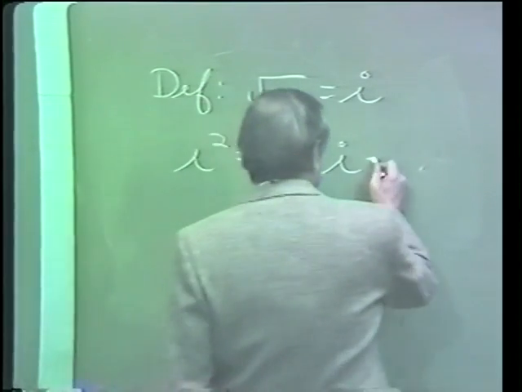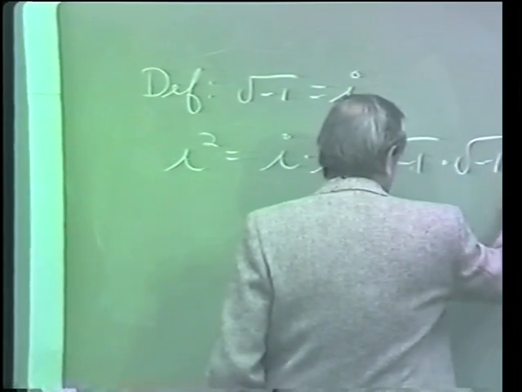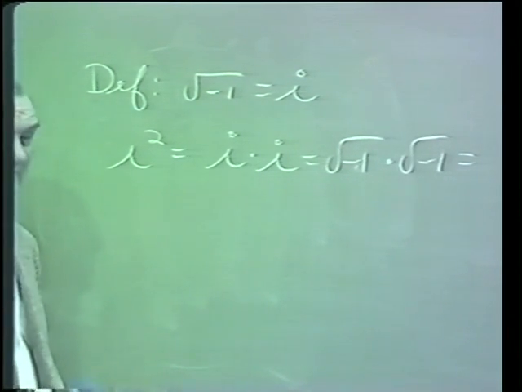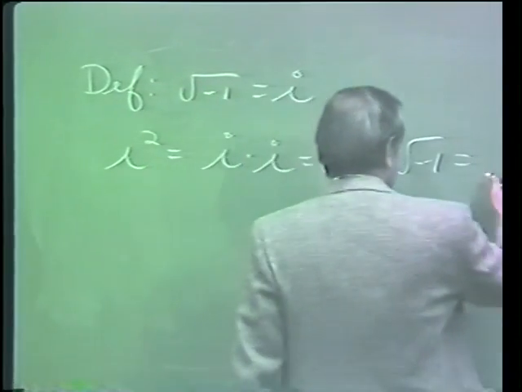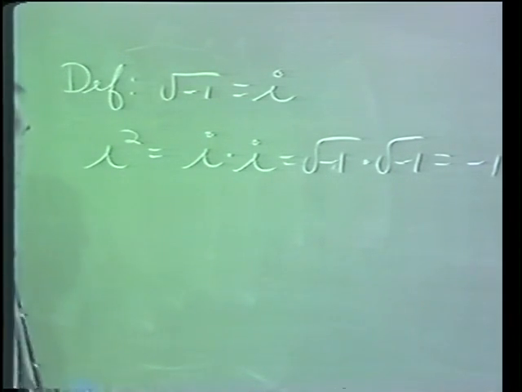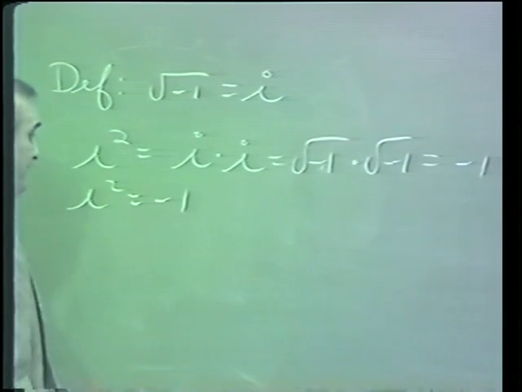Which is the square root of negative 1 times the square root of negative 1. What is the square root of negative 1 times the square root of negative 1? Negative 1. Remember, the square root of a times the square root of a is a, whatever a is. So this is negative 1, equal to the radicand. So i squared is equal to negative 1.